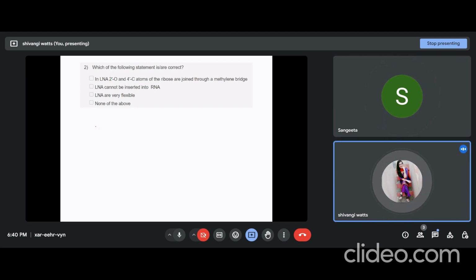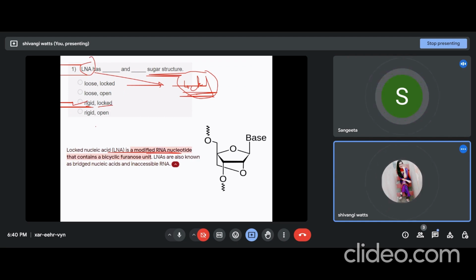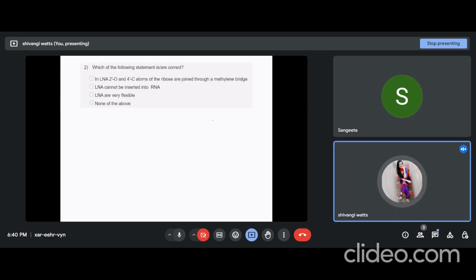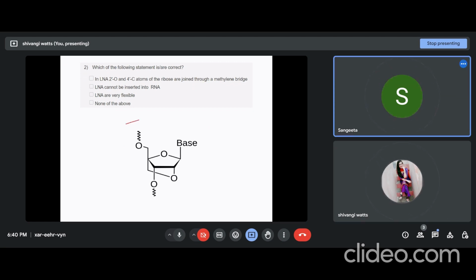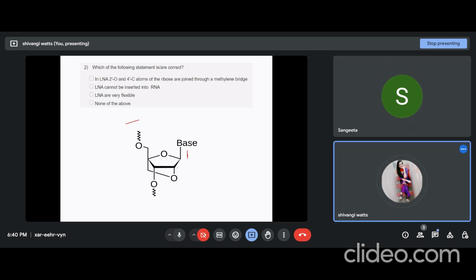As I showed you in the first question, this is a locked nucleic acid. If you see, that is one carbon, two carbon. So the 2-O, this is the oxygen, and this is third, and this is fourth. 2-O is joined to the 4-carbon atom of the ribose through a methylene bridge.